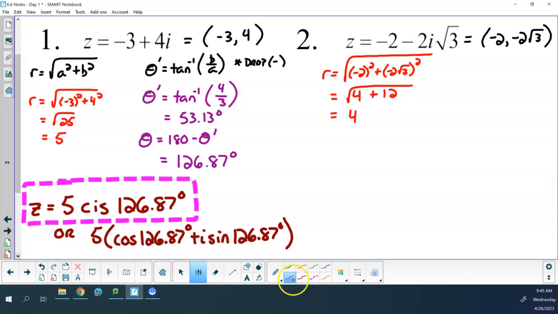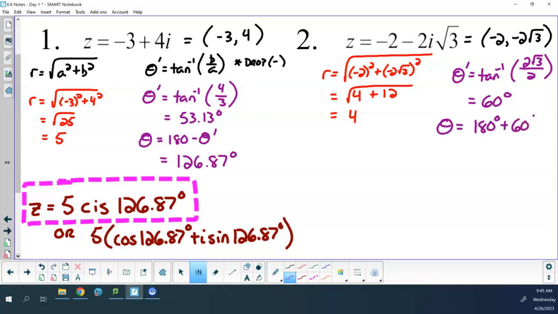Then my inverse tangent of 2 square roots of 3 all over 2, which is going to be 60 degrees. This is in quadrant 3. So theta is 180 plus my reference angle, which is 240 degrees. So this one would be 4 cis 240 degrees.